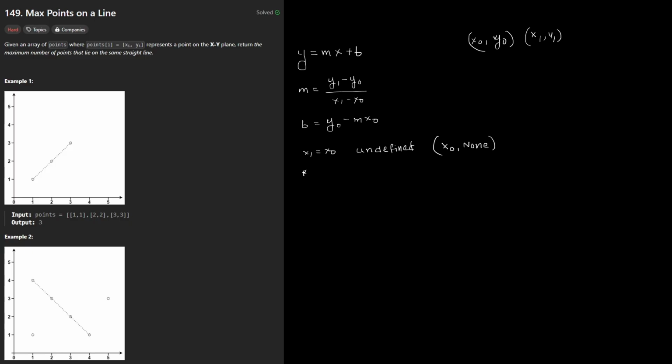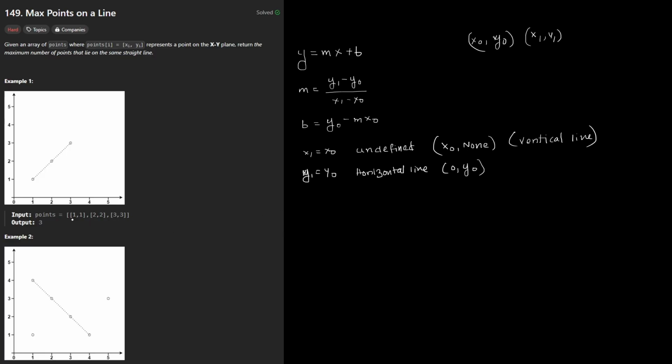Similarly, if y1 equals y0, then it is a horizontal line, which is represented by 0 comma y0, and the other is a vertical line.